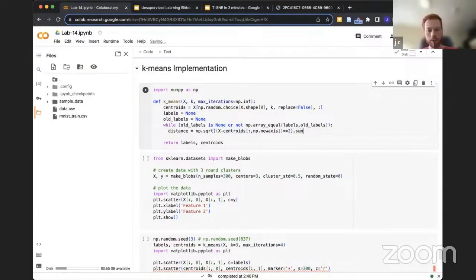The sum of that over x is 2. So essentially compute the distance to all our data points.